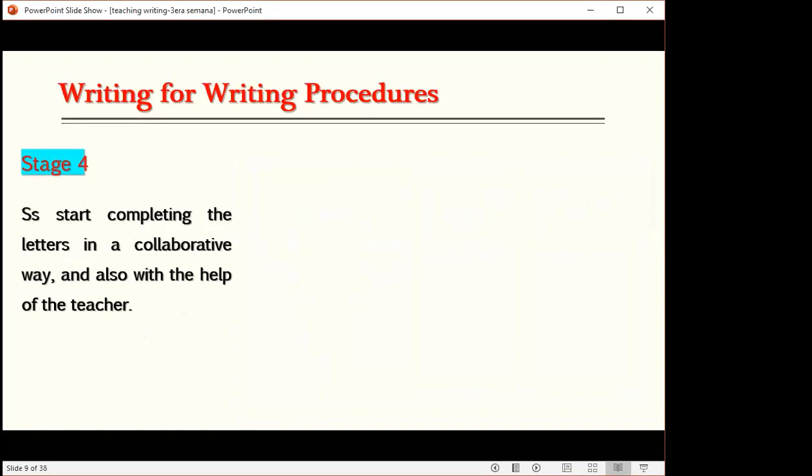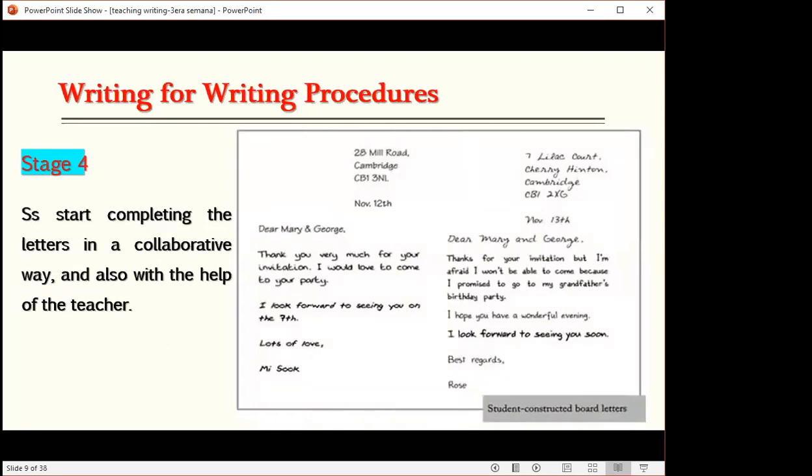They are not going to do it one by one personally, but also with the help of the teacher. So they are going to start doing this text. Maybe you can divide it into groups and maybe you could give some wallpaper to your students, and they are going to write these two letters as a group.